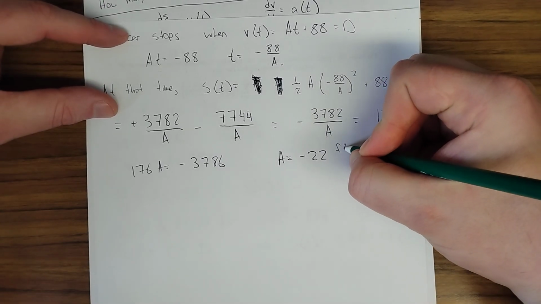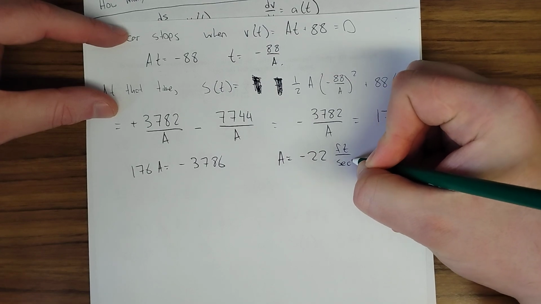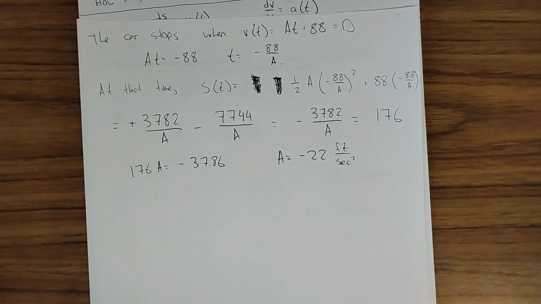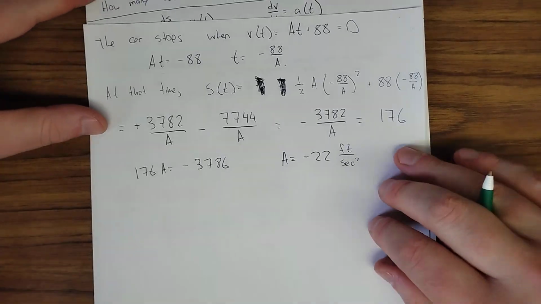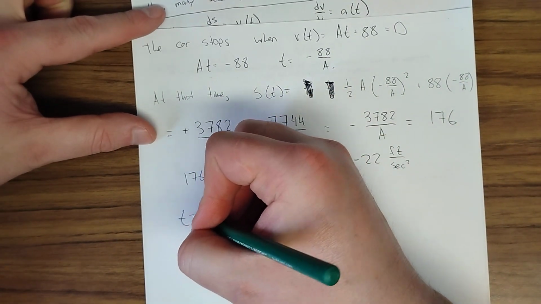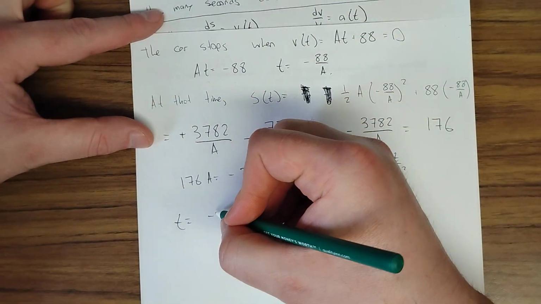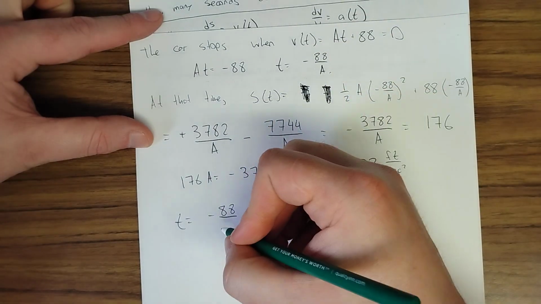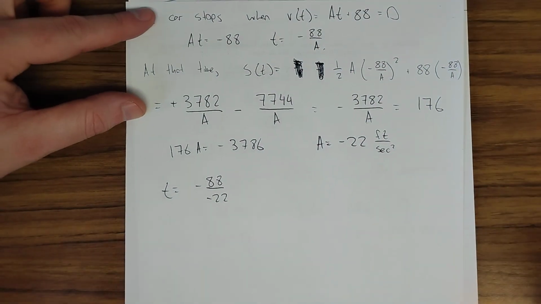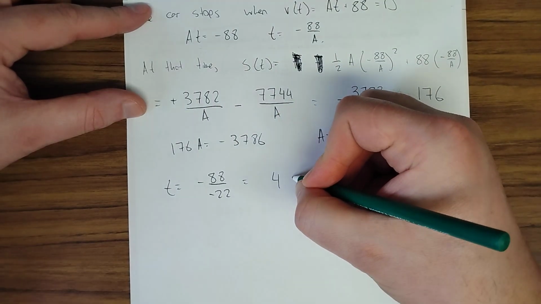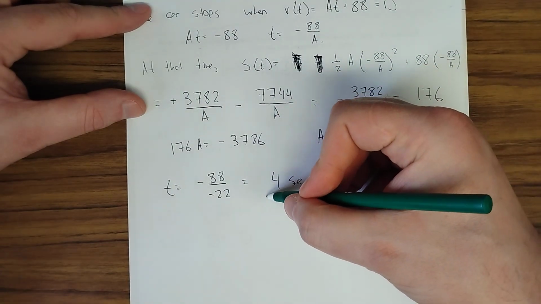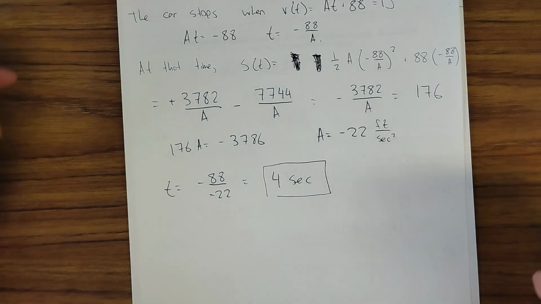Distance is in feet, time is in seconds, just in case we want units on this. But anyway, t is this, so 4 seconds. So the car was skidding for 4 seconds.